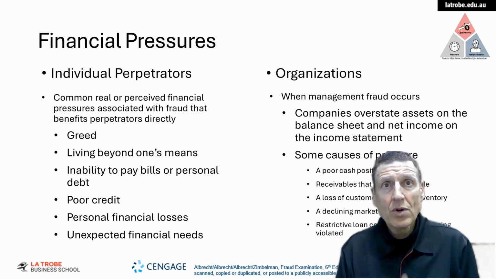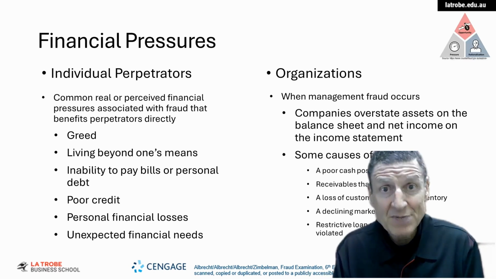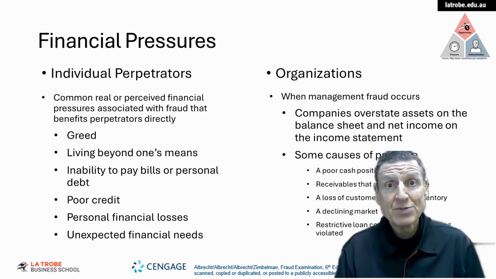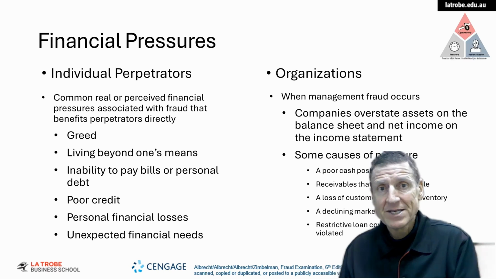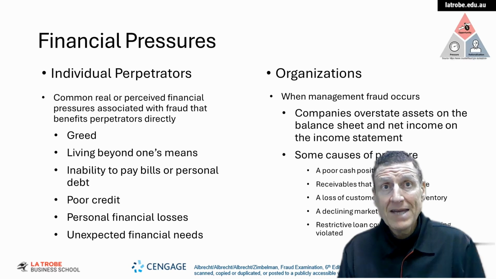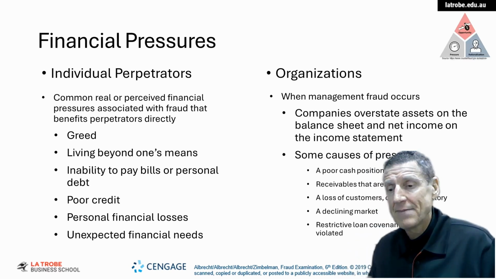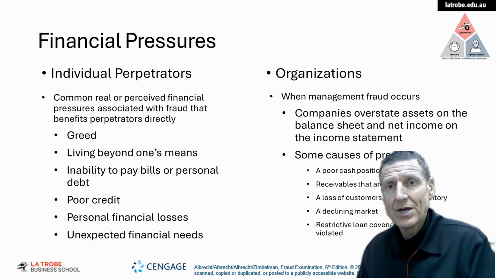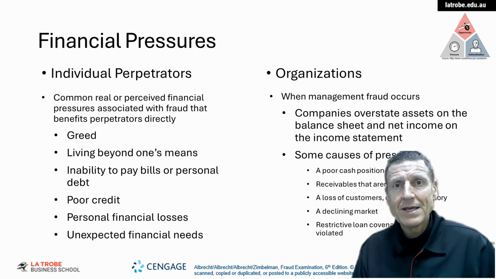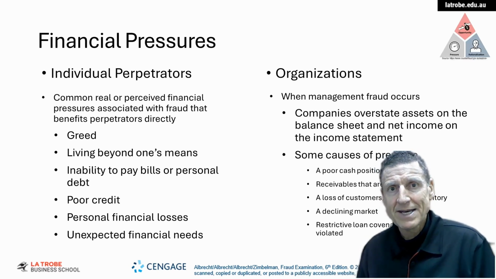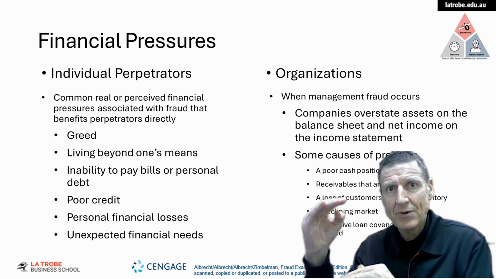But from the organization point of view, and we're talking about management fraud like Enron, like WorldCom, like Sunbeam, where management defrauded investors by misrepresenting the financial accounts, then management fraud normally occurs when management are under the same poor cash position, or they see that their company is going to miss earnings estimates, or the share price might take a nosedive because they know that analysts are expecting a certain earnings number and they're only going to meet this lower number.